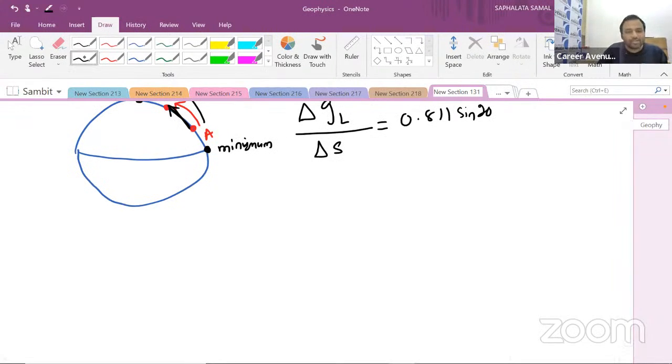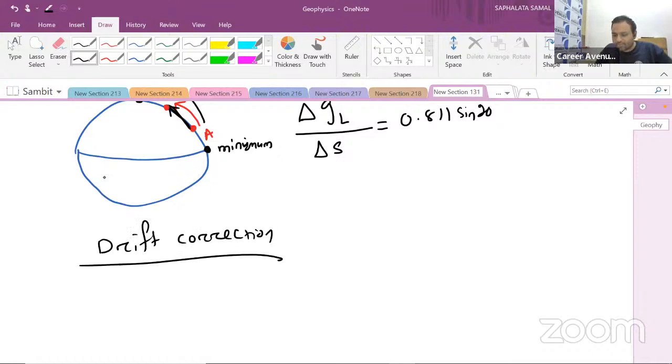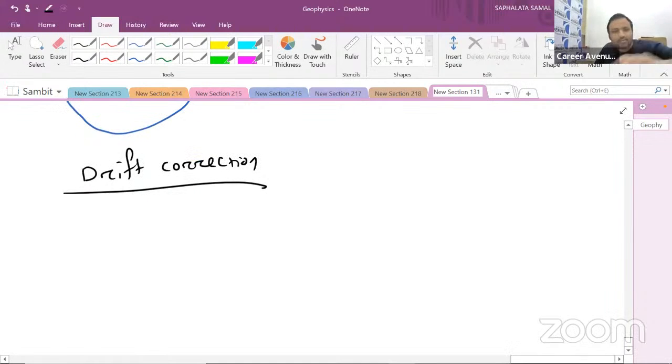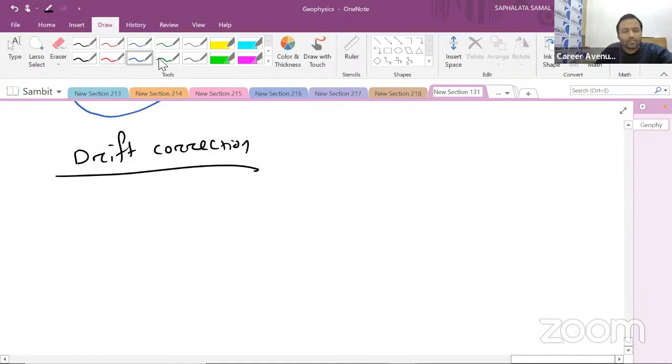Next is my drift correction. This is a little bit lengthier process. The drift correction is basically done due to the creep in the spring itself, because we know that gravimeters use springs. If they are repeatedly used or due to the effect of temperature, the spring length can itself vary.